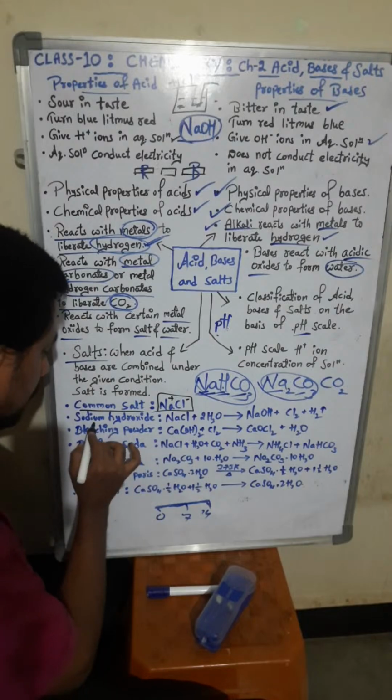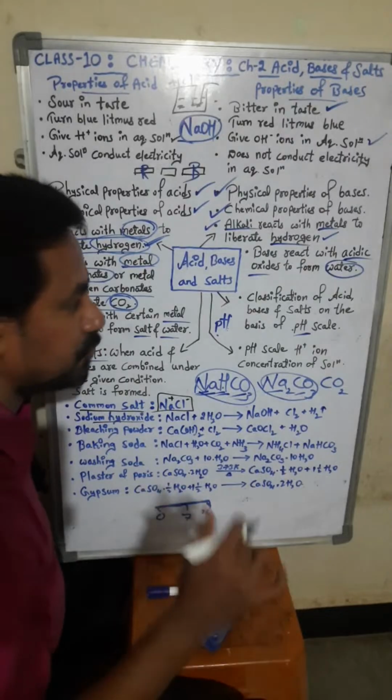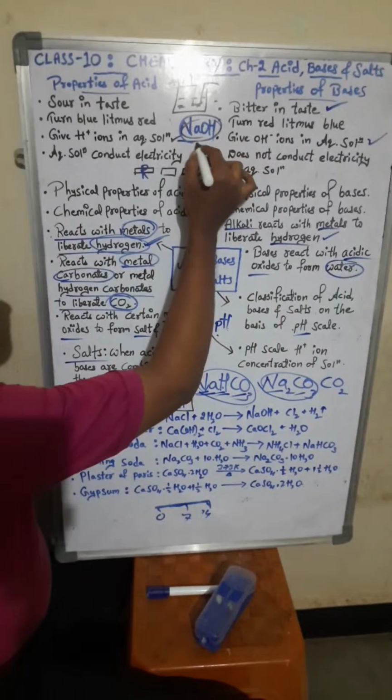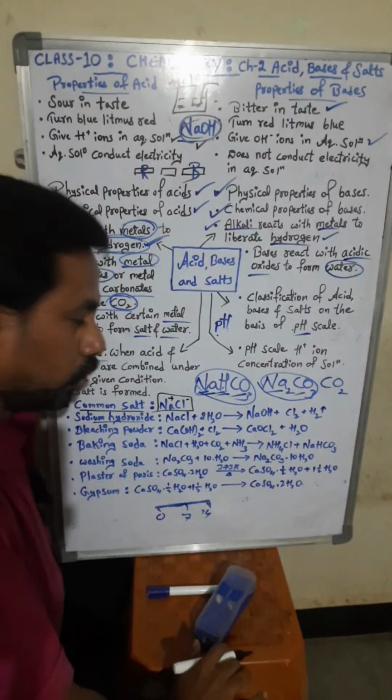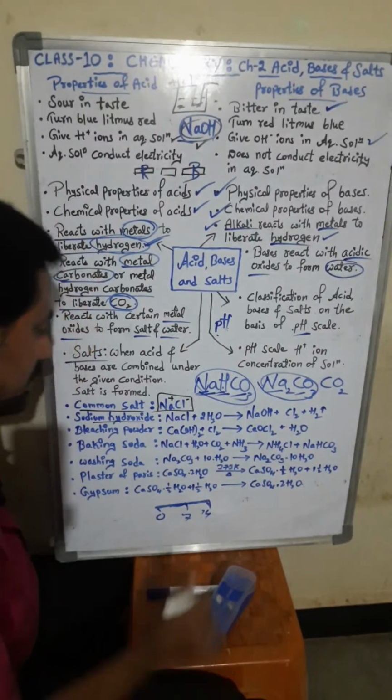Sodium hydroxide. How is sodium hydroxide formed? What is the formula of sodium hydroxide? NaOH is the formula of sodium hydroxide. How will sodium hydroxide form, students?